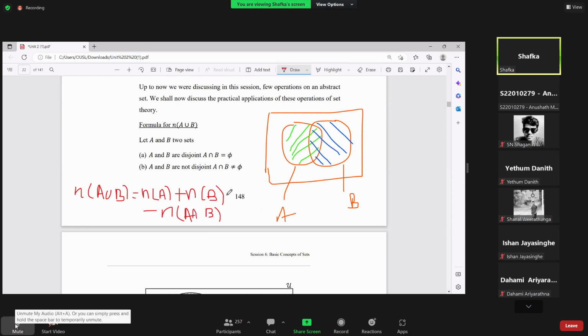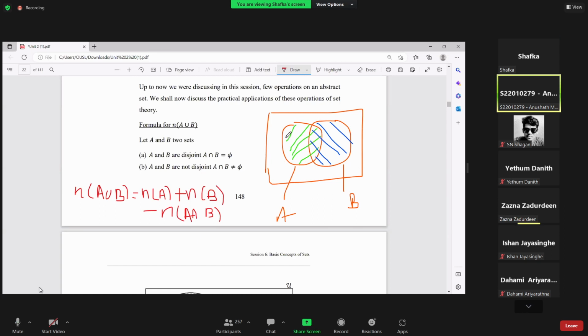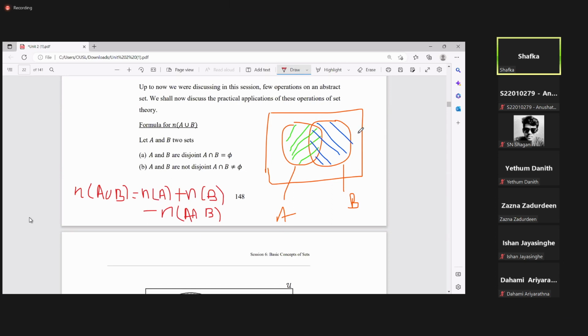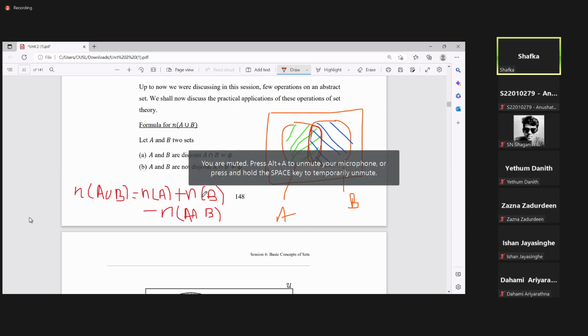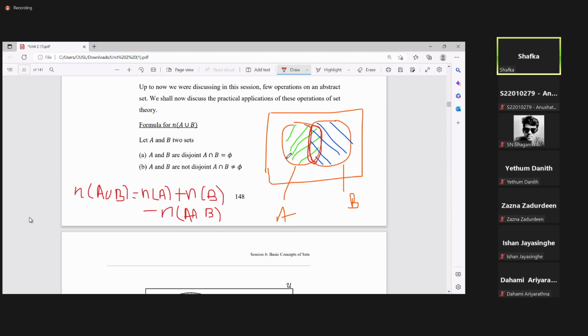Yes? It is there in both the sets. Yeah, if we are considering the green color one, it represents the number of elements in A. And if we are considering the blue region, it represents the number of elements in B. But this region comes twice. So to take everything, we have to remove the middle part again.